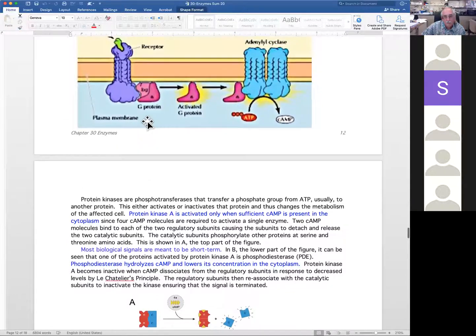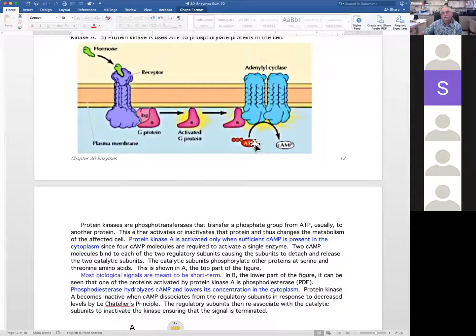So in the next chapter, we'll be looking at, well, what happens if I take cyclic AMP and I were to simply inject it into, say, a liver cell? I'm going to get the same effect on that liver cell without the hormone. See what I'm getting at? So nothing's going to happen until the hormone binds here.